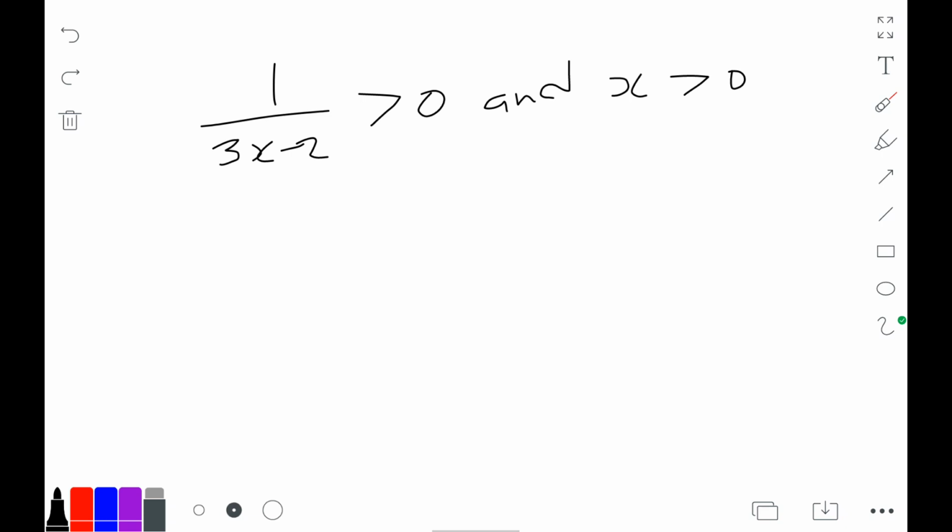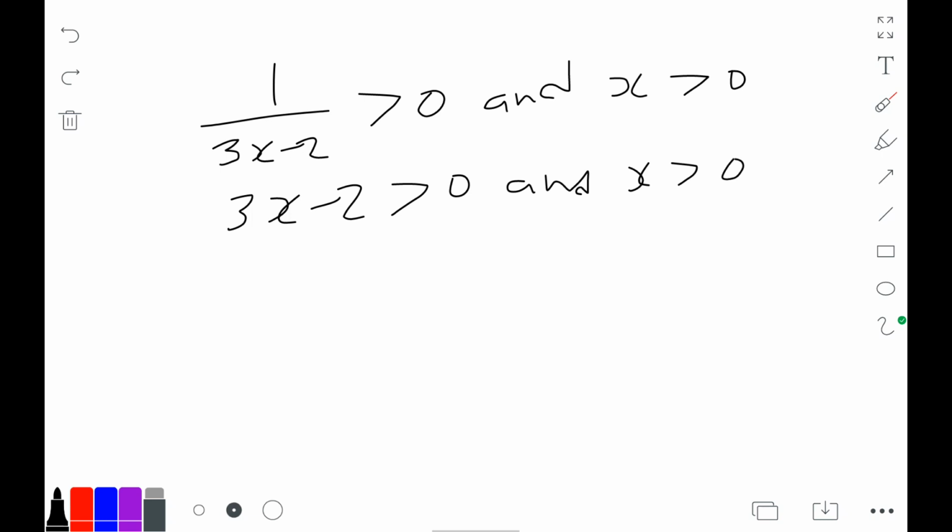Now if we split it again, we have 3x minus 2 must still be greater than 0, and our x must be greater than 0.